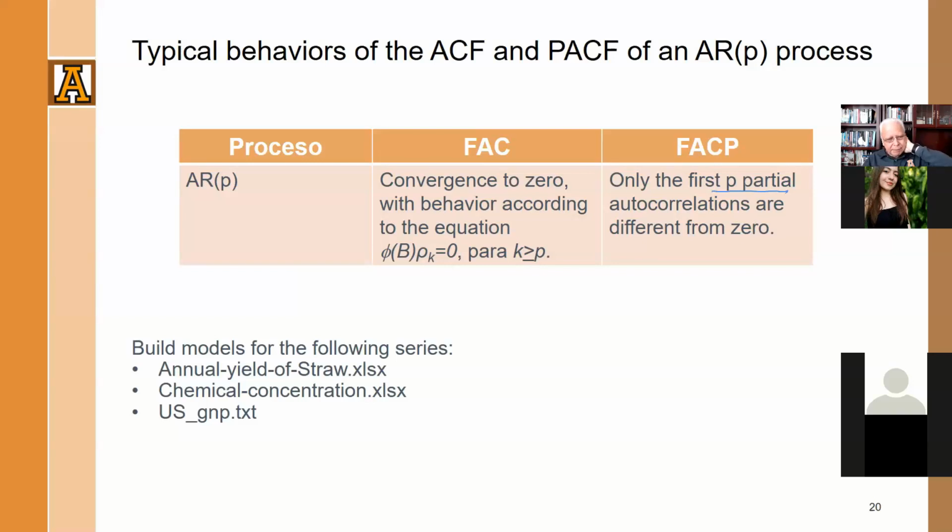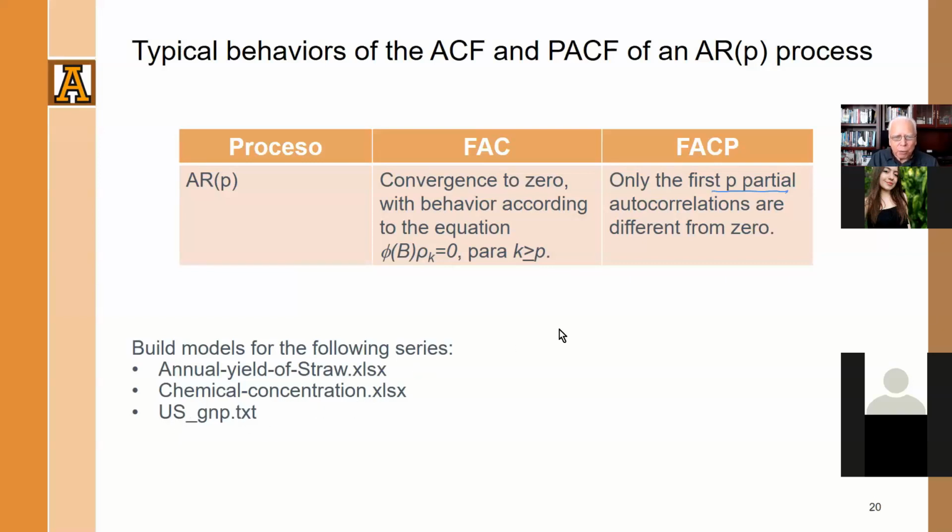Now, we're going to do one example here. There are three time series that we have here. I will do with you the annual yield of straw analysis. There are some things that we haven't really dug into, but we'll cover them when we look at the script, and then you'll do the analysis of these two other series.